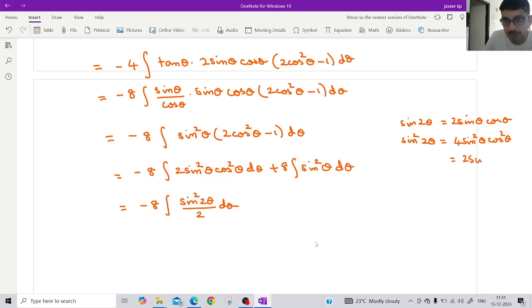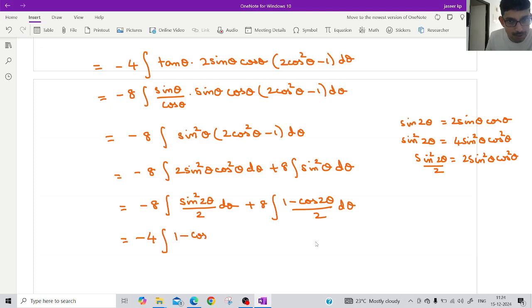Then plus 8 into the integral of sin square theta, which can be integrated as (1 minus cos 2 theta) by 2 d theta. So now minus 4, again sin square 2 theta is (1 minus cos 4 theta) by 2 d theta.